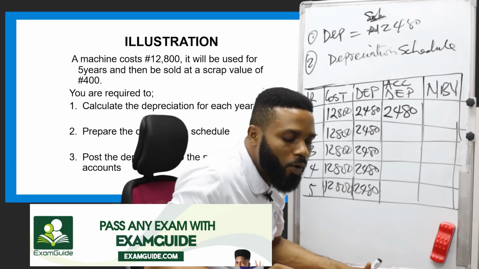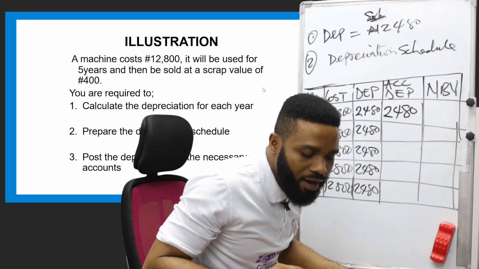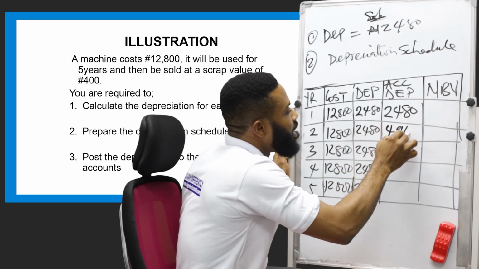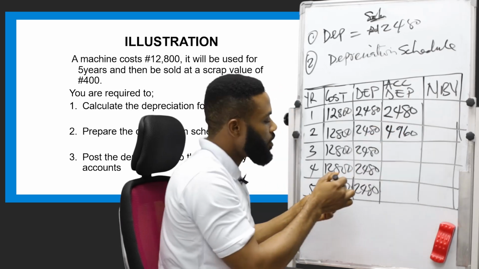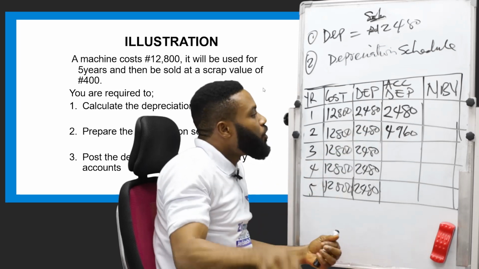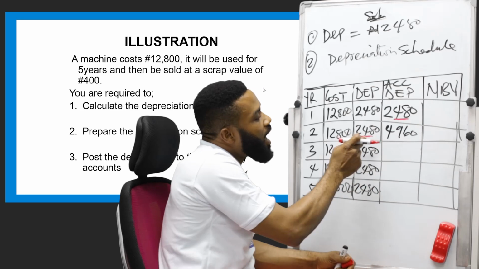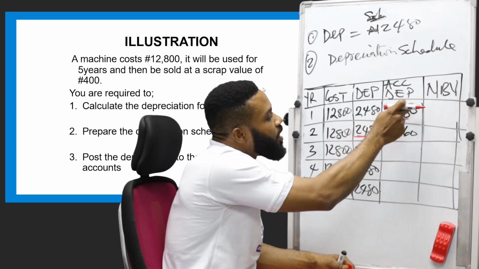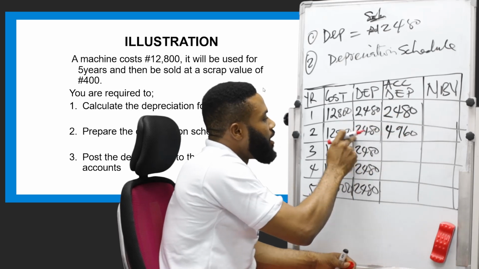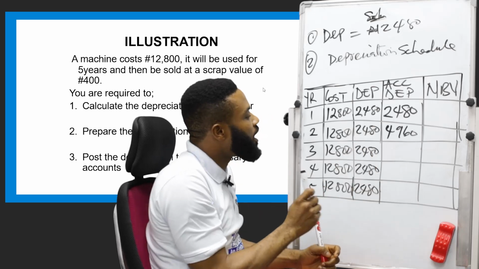When you add 2,480 plus 2,480, you have 4,960.